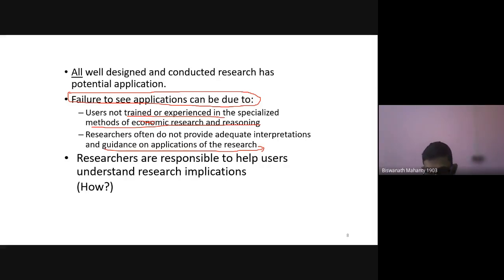So you are doing some study and you are not highlighting what the importance is, why you should do this, why it is important to the general community. Researchers are responsible for helping users understand what the implication is, and how. For example, a researcher working on the discovery of some COVID-19 vaccine, right?